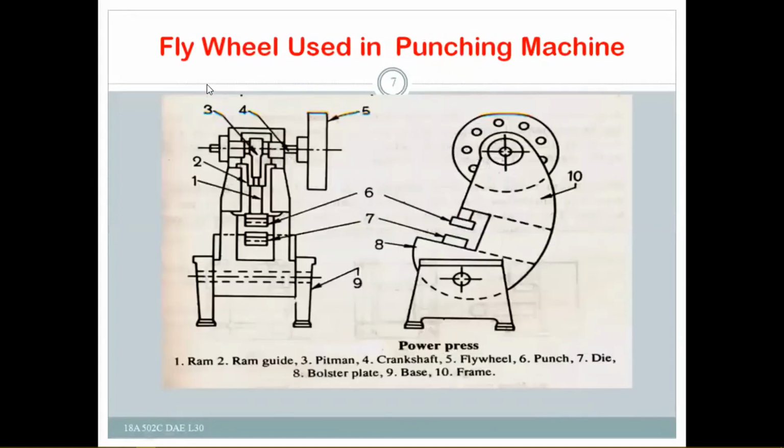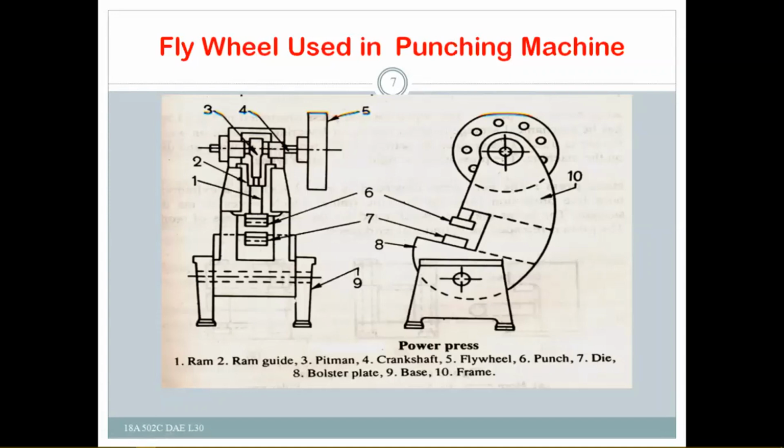And flywheels are used not only in IC engines but also in punching machines, because a lot of energy is required during the punching operation for a short span of time.